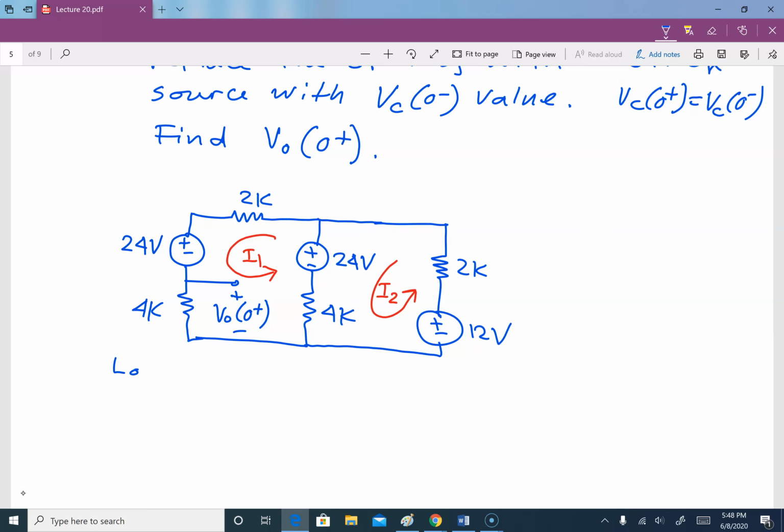So loop 1: negative 24 plus 2I1 plus 24 plus 4I1 plus 4(I1 minus I2) is equal to 0.